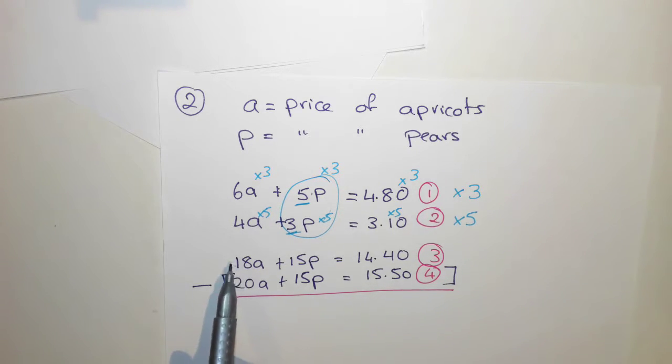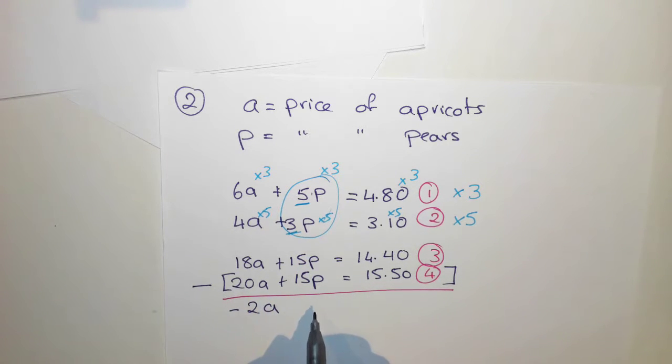So let's start with this. 18a take away 20a. So 18a take away 20 is going to be minus 2a. 15p take away 15p will disappear and go to 0. Equals 14.40 take away 15.50, and that's going to leave me with negative $1.10.